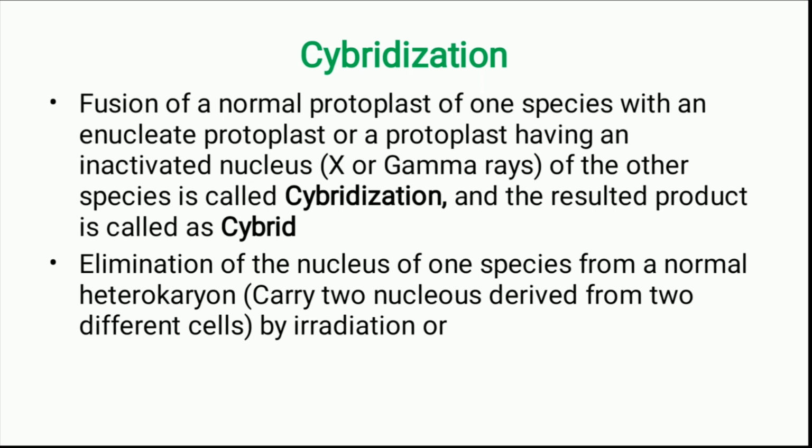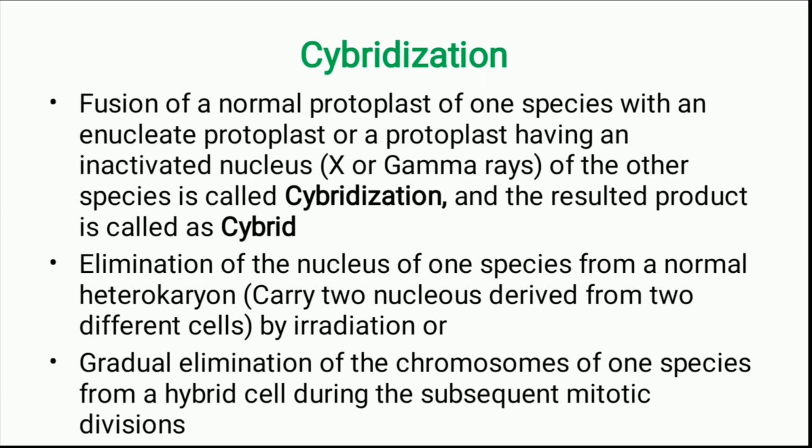That means in a cybrid, the protoplasts of two cells are fused together, whereas one nucleus is present and the other nucleus is inactivated. The elimination of the nucleus of one species from a normal heterokaryon may be achieved by irradiation, or by gradual elimination of chromosomes of one species from the hybrid cell during the subsequent mitotic divisions.